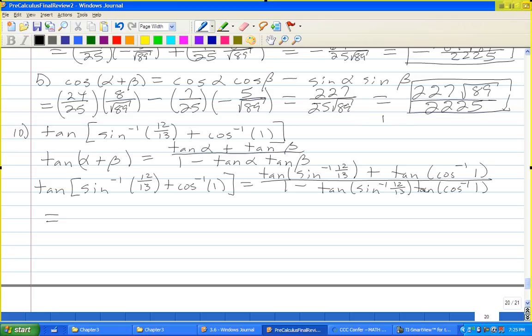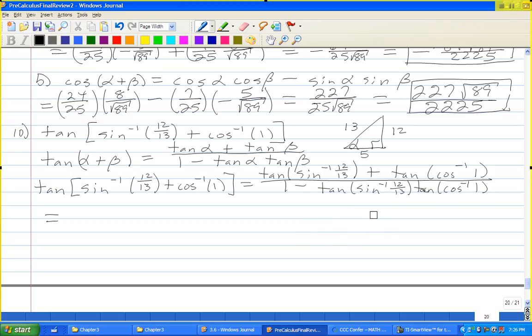let's do some alpha here. And so sine is 12 over 13. I think it's a 5. 25 plus 144 is 169. So that's 13. Yep.